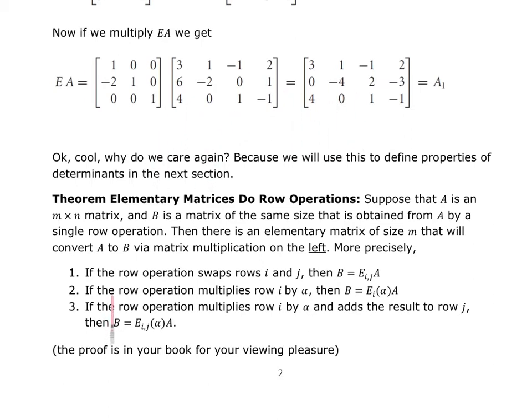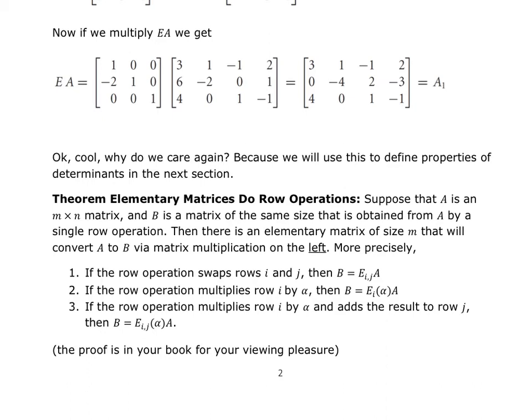That's all that says. If the row operation swaps i and j, then we say it is E_ij. If we have a scalar multiplier, say alpha, then B is going to be that row i times alpha, E_i(alpha), times A. And if the row operation multiplies i by alpha and then adds to j like we did up here, then we would say that B is E_ij(alpha) times A. So that's what we did here.